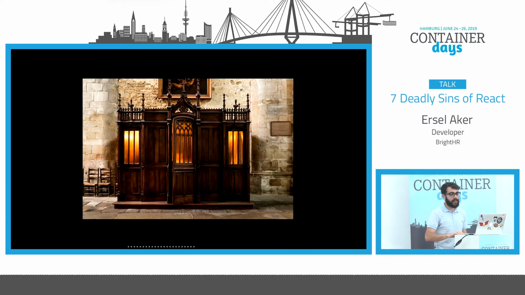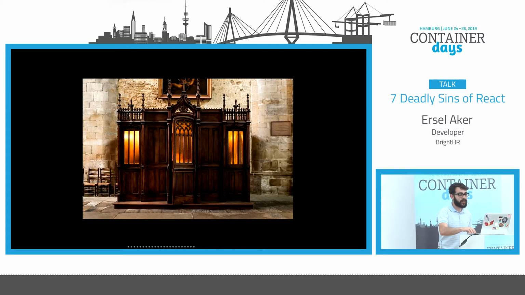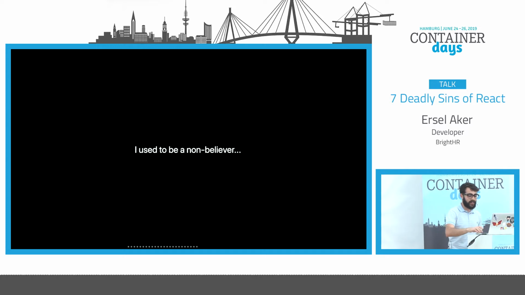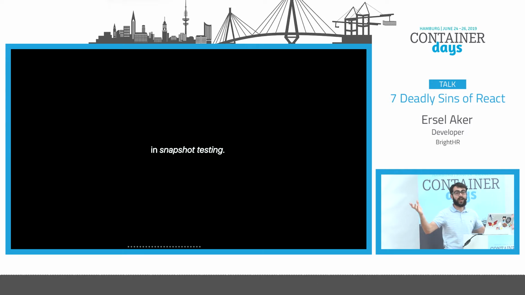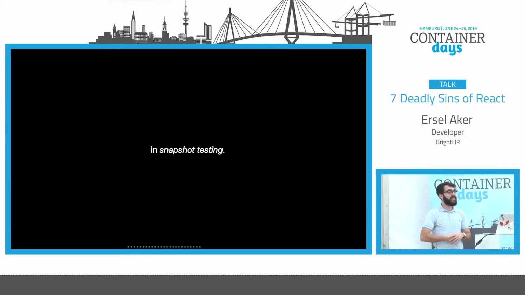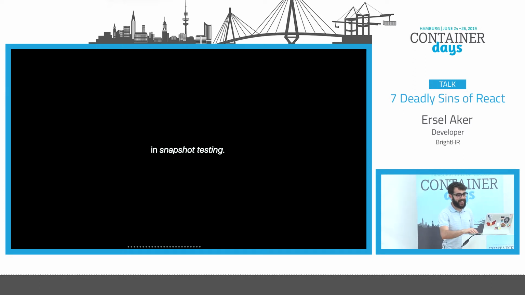But I want to start with a confession, a personal confession. So I used to be a non-believer, right, when it comes to testing, and also when it comes to testing using snapshot testing. Has anyone tried the snapshot testing feature of Jest? Yeah, a few people. Yeah. So I used to hate snapshot testing. I thought it was not right for a few reasons.